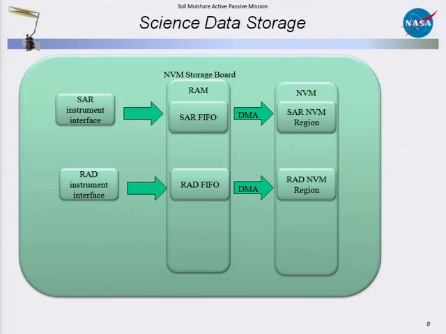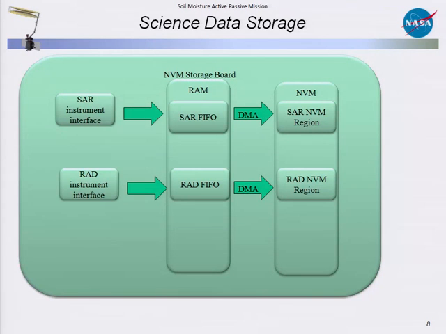So the next step is, once the data is in the RAM FIFO, if we took a reboot at that point, the data would be gone. So we need to save it to non-volatile memory. So what happens is we're going to use the onboard DMA engines on the non-volatile memory storage board to DMA over the instrument data, which is now living inside a FIFO, into the non-volatile memory.